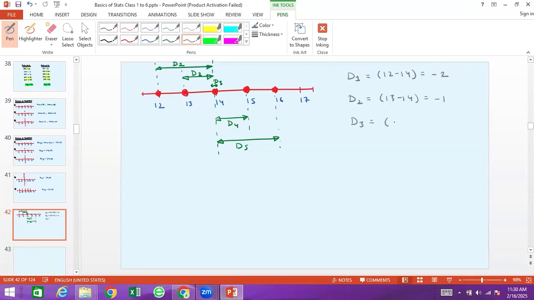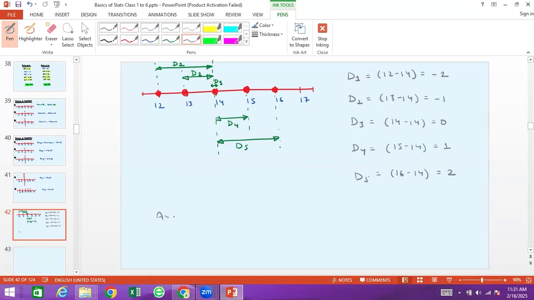Distance 3 is 14 minus 14, that is 0. Distance 4 is 15 minus 14, that is 1. Distance 5 is 16 minus 14, that is 2.